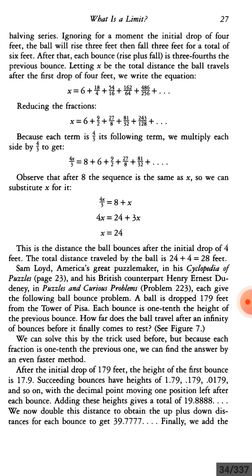See figure 7. We can solve this by the trick used before, but because each fraction is 1/10 the previous one, we can find the answer by an even faster method. After the initial drop of 179 feet, the height of the first bounce is 17.9.